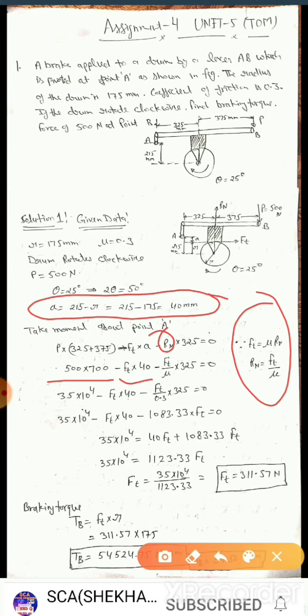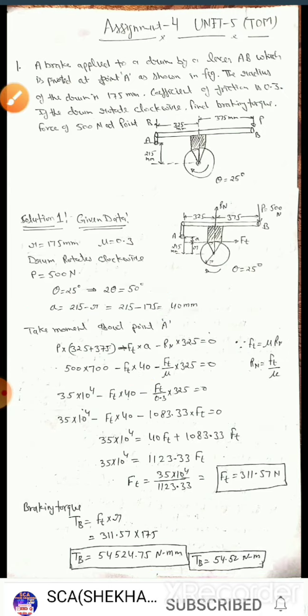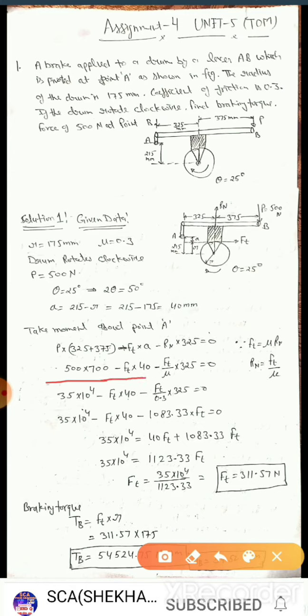So we write a simple form of the equation as 500 into 700 minus Ft into 40 minus Ft upon mu into 325 equal to 0.